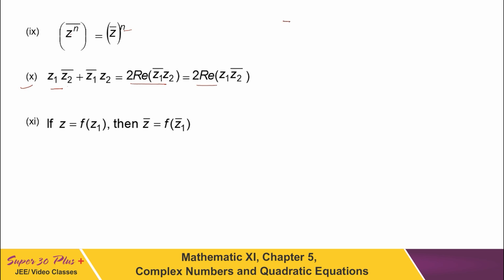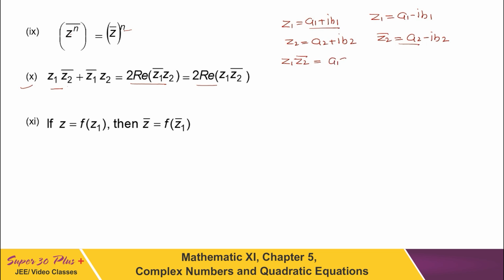Let's take Z1 is equal to A1 plus iota B1 and Z2 is equal to A2 plus iota B2. What is the value of Z1 Z2 bar? Z2 bar, here you can write, is A2 minus iota B2, and Z1 bar is A1 minus iota B1. Now we are going to find the value of this, Z1 multiplied by Z2 bar.